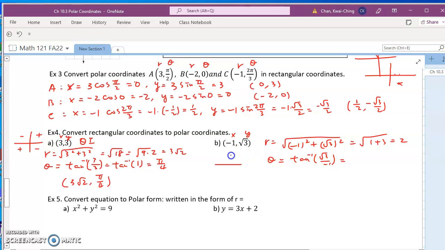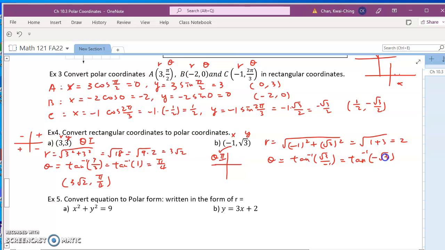So again, if I do the reverse lookup, it's arctangent of negative root 3. And what quadrant are we talking about? Negative 1, root 3. This is actually the rectangular coordinate. Negative, positive is in quadrant 2, right? The point is in quadrant 2.